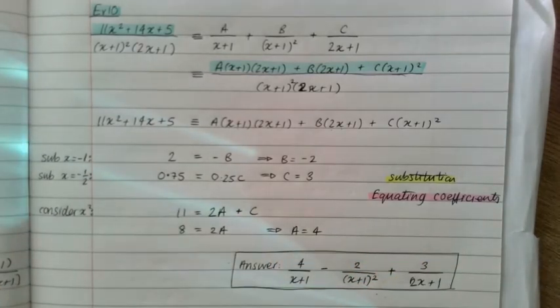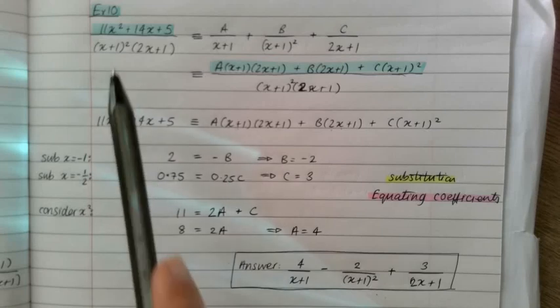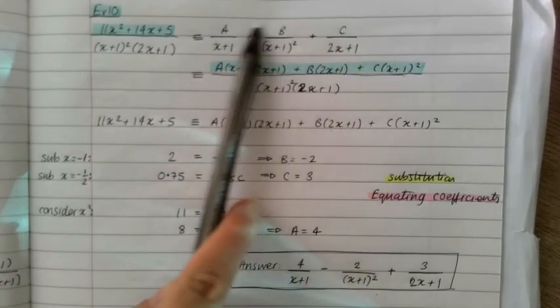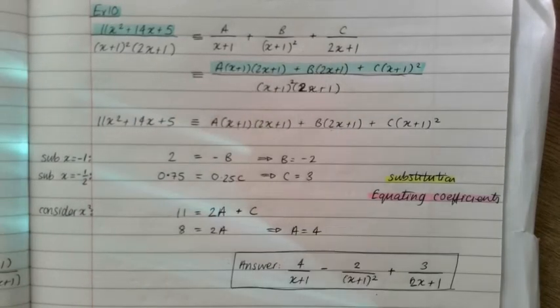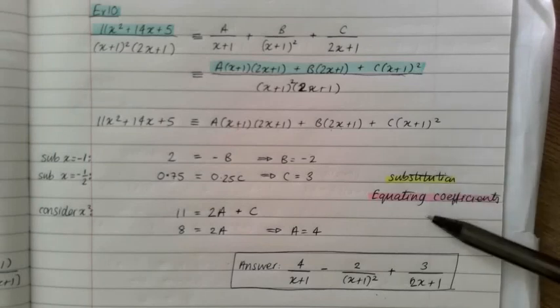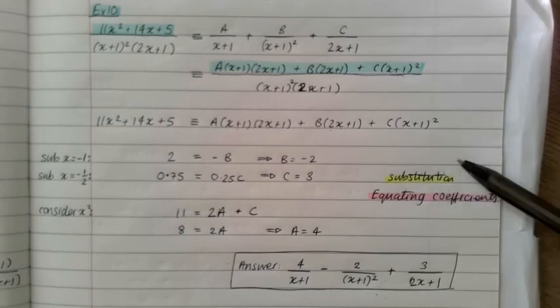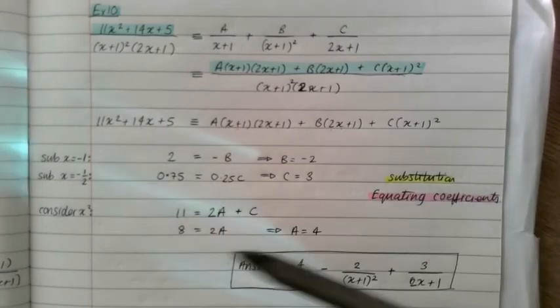So when you have a repeated factor, you just need to remember how to separate out the denominators, and also that you're going to use a combination of the substitution method and equating coefficients in the square term.